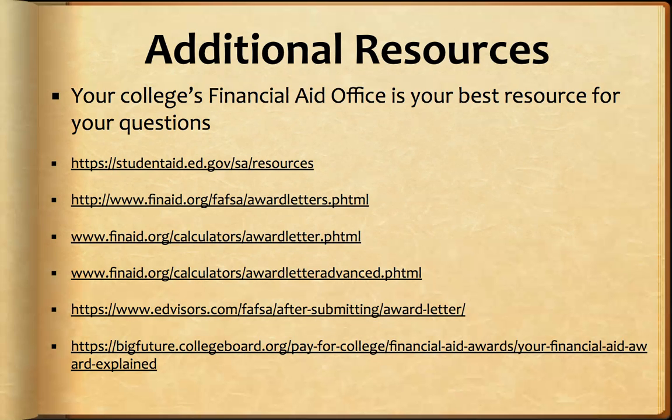That's a really good thing to do before you accept those loans. So you can see if I borrow that $3,000 and it takes me 10 years to pay it off, how much am I actually paying back? Because remember, we have that interest. So I would invite you and encourage you to do that also.